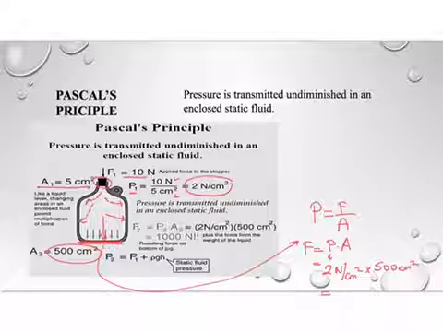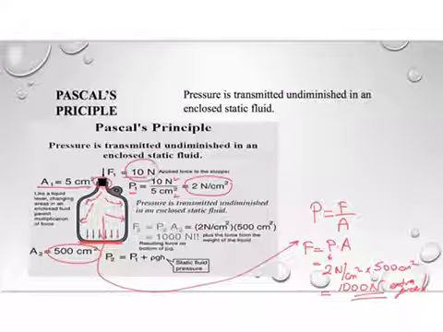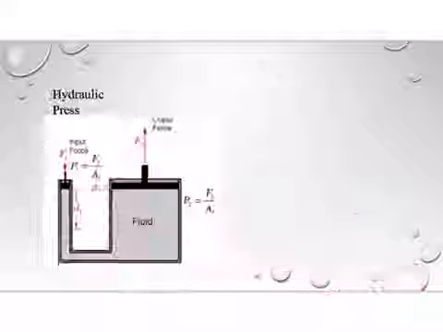So you see that a 1000 Newton extra force comes from the transmitted pressure. So I apply a little force but create a bigger one just by the transmission of pressure by the liquid.